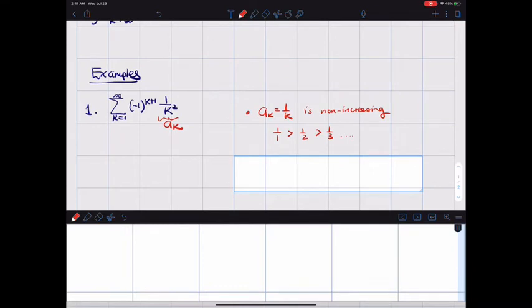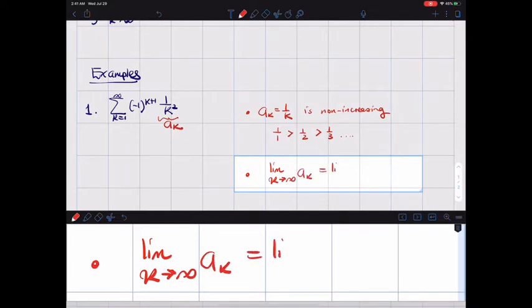Again, let's look at the limit. The limit as k goes to infinity of a_k is the limit as k goes to infinity of 1 over k squared, which is 0.